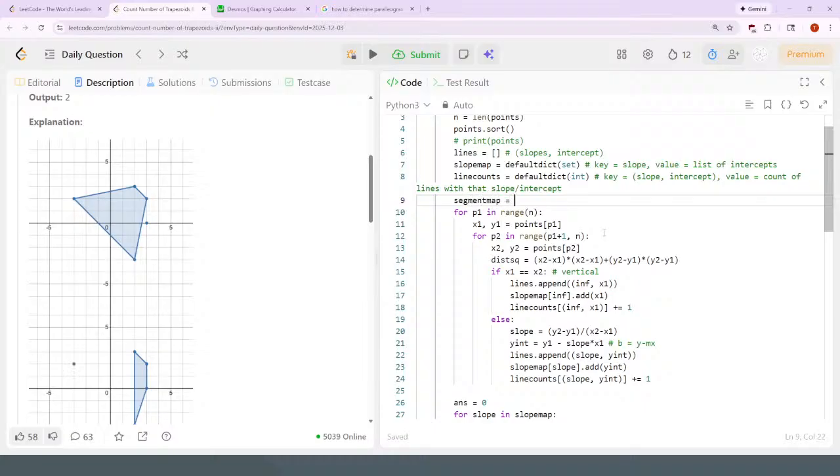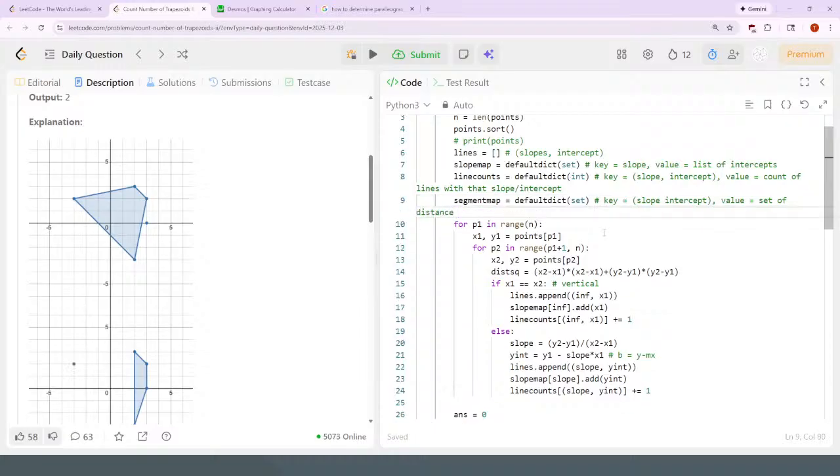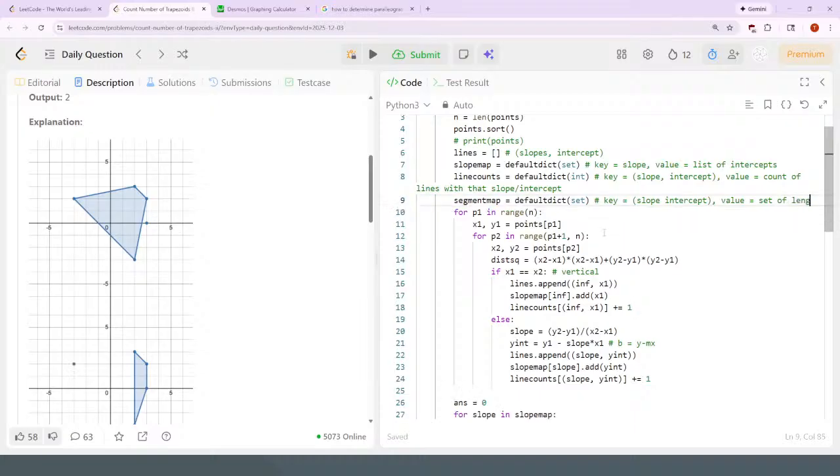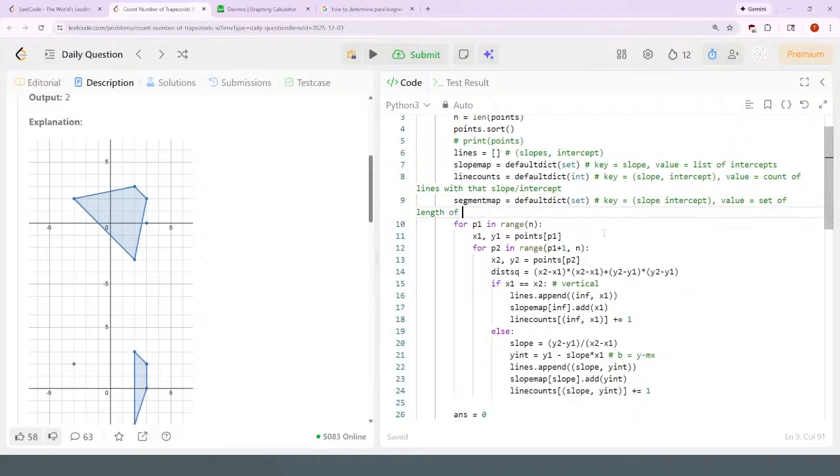Segment map is the default dictionary to a set where the key is the slope and the intercept, and the value equals the set of distances, or set of lengths, of line segments formed from those points, those pairs.